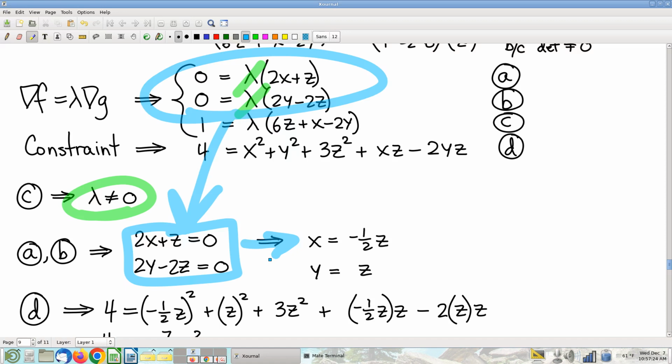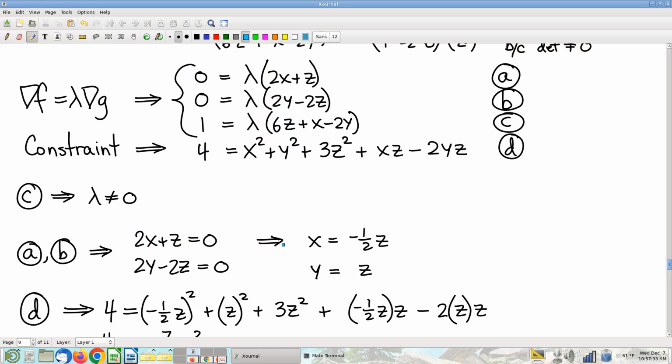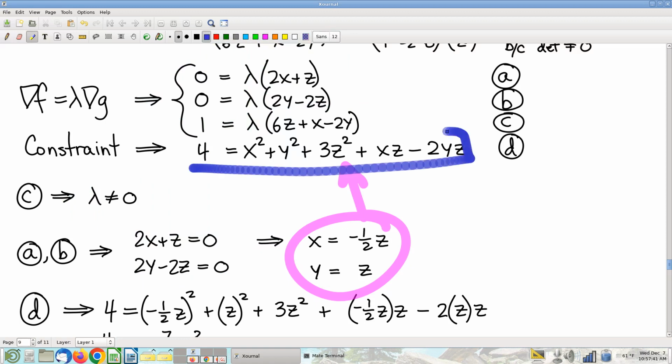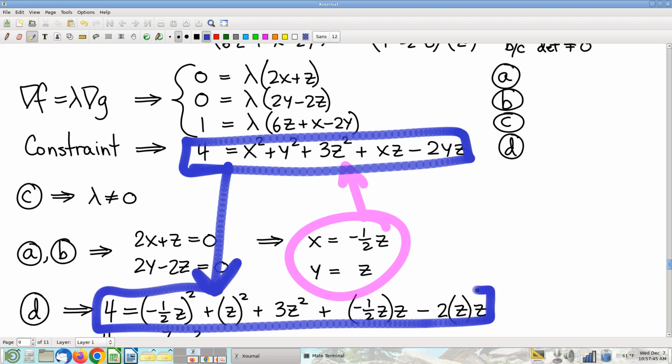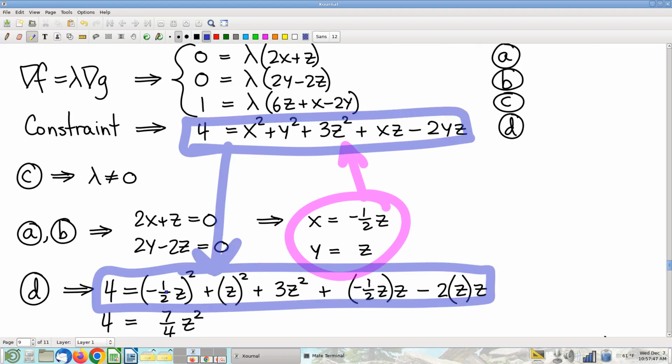Now that doesn't actually give us solutions, but at least I can rewrite everything now in terms of z. Okay, all right, then we take these and plug them into there, which then turns this equation into all of this.